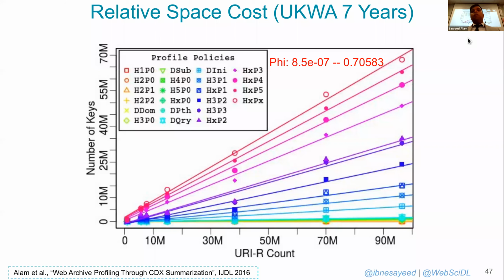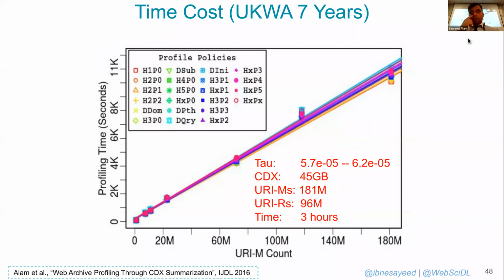However, their slope will depend on how detailed a profiling policy is. The generation time was constant, no matter which profiling policy we chose. It was mainly bound by the amount of data that we're ingesting, so it was IO bound. And we found we were consuming about 15 GB of CDX files per hour.